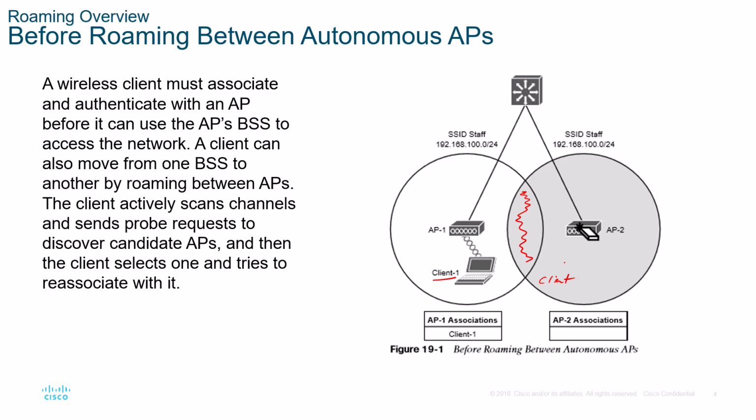The client actively scans the channels and sends, this is the important part, probe requests to discover what access points are there. So when client 1 first comes online, it could be receiving information from both access points. AP1 should come back with a stronger signal and less delay, so that's the access point that client 1 should connect to.